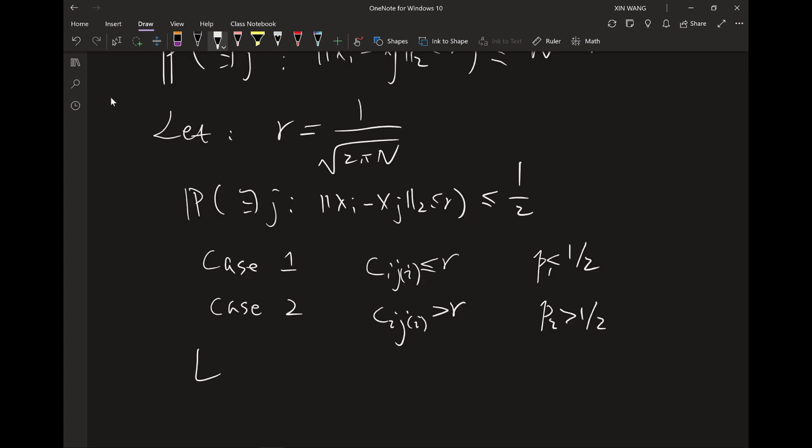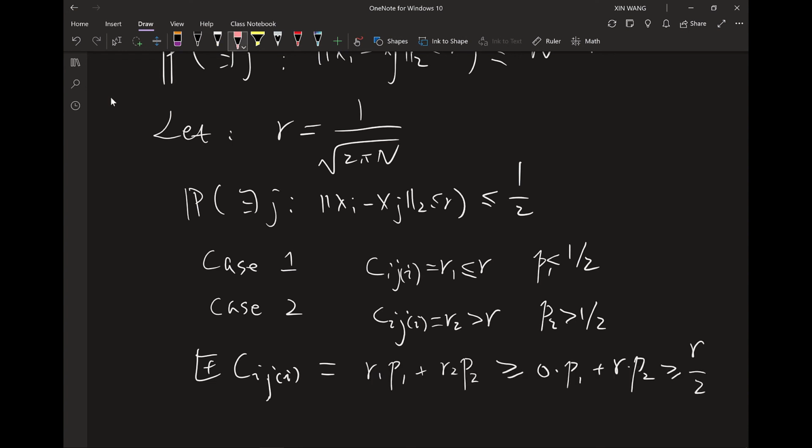So we can get the expectation of the distance from i to the nearest node j. Because in the first case r1 is greater than 0, and in the second case r2 is greater than r, the expectation of the distance from i to its nearest node should be greater than or equal to r divided by 2.